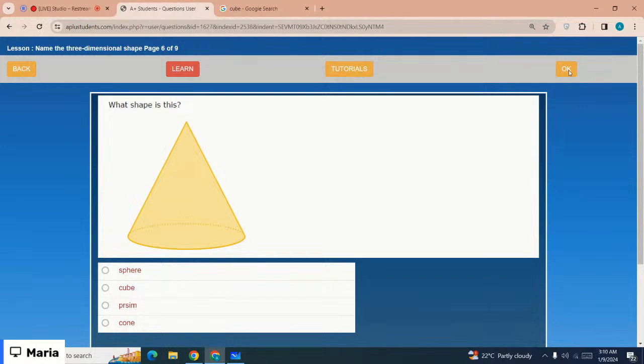Which is the correct option? The correct option is, yes, very good, that is a cone. Very good.